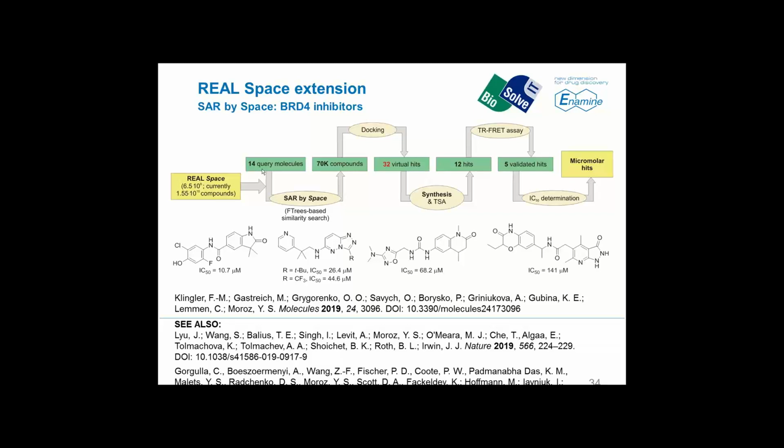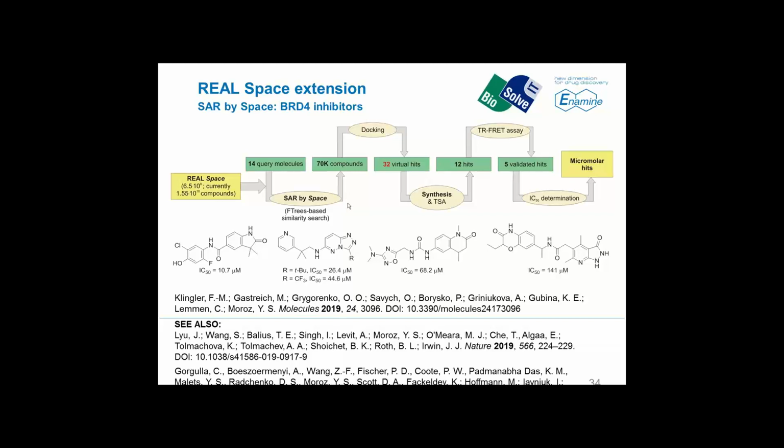So we started with some preliminary hits that were identified in one of our previous projects, and used them as query molecules to obtain some analogs from the real space. At that moment, the real space was much smaller than it is now, but still we could find a lot of analogs.